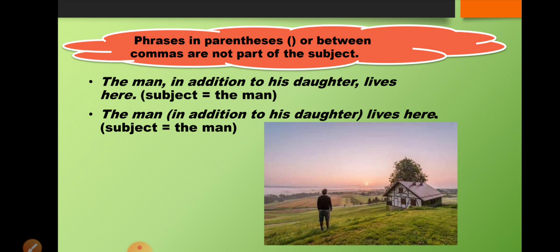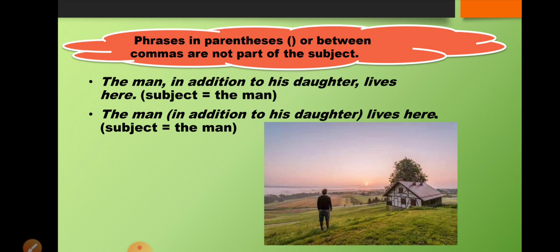This rule is very much applicable to words like along with, together with, as well as. Okay, so then you have to locate the primary subject. So your teachers also take great pleasure in testing you through all these sentences.